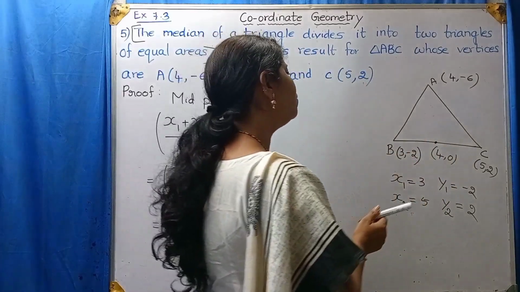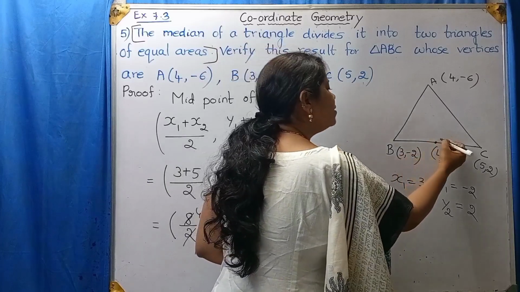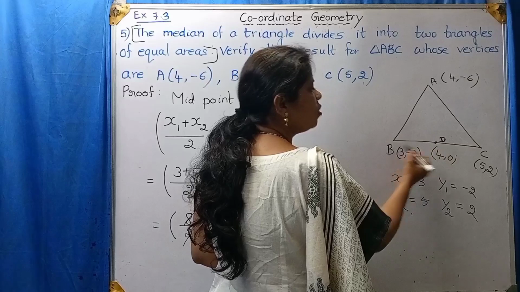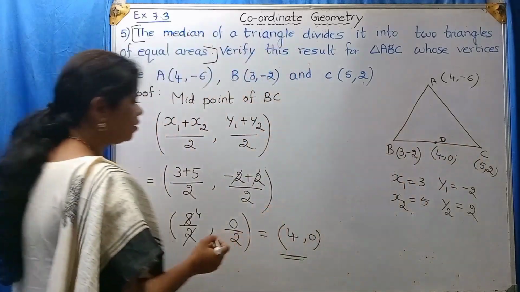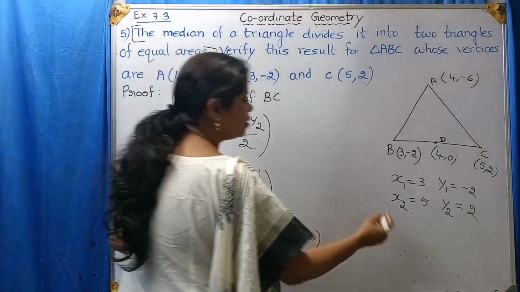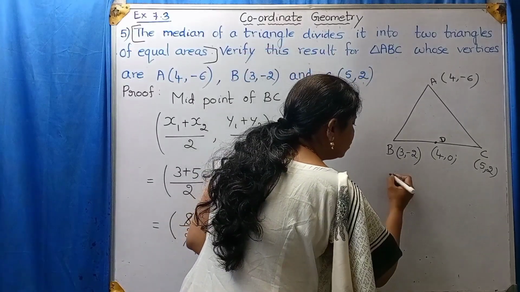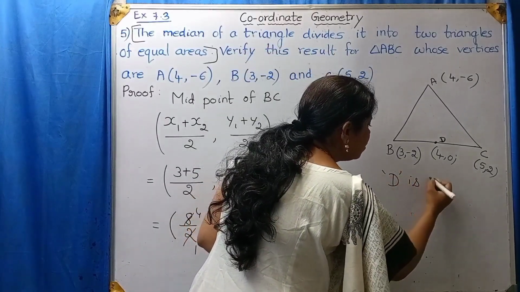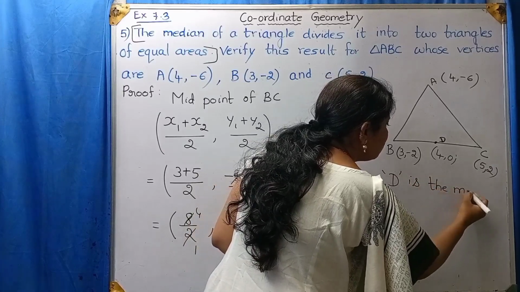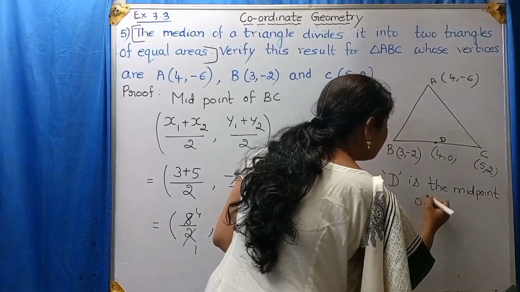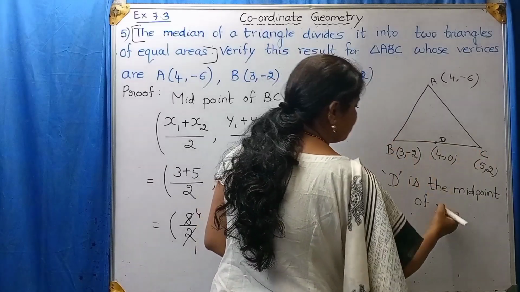Now let me name this point as D. D is the midpoint of BC.